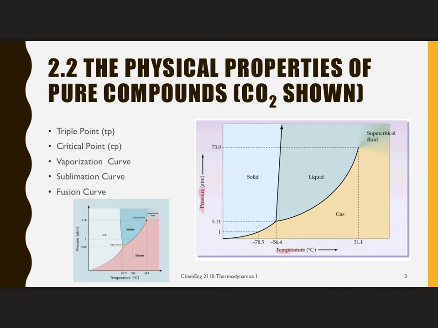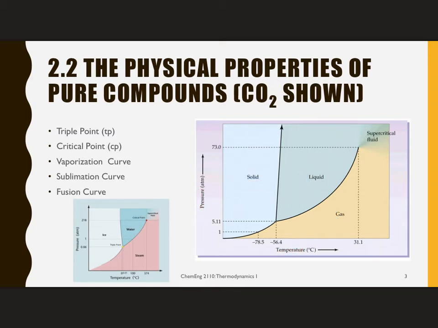Over here in the colder temperatures and higher pressures, we have the solid form of CO2. We would call that dry ice. If we go to the higher temperatures and pressures, we're going to see the gas form of CO2, which is what I think most of us typically think of CO2 as. And then we can actually get a liquid at higher pressures and higher temperatures.